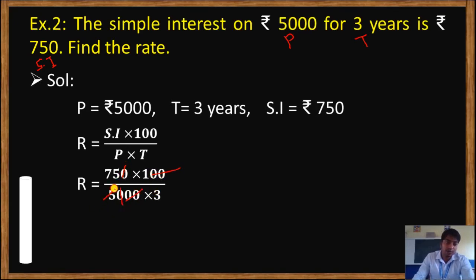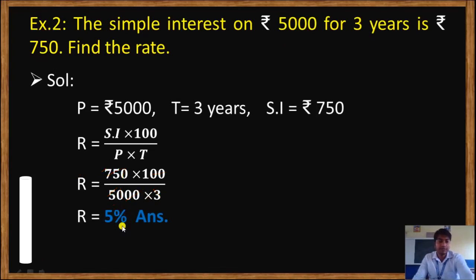Now 5 ones are 5, 2 left, 2 fives are 10, 5 fives are 25. Then 3 ones are 3, 3 fives are 15. So the rate here is 5%. This is the answer of this question. Understood?